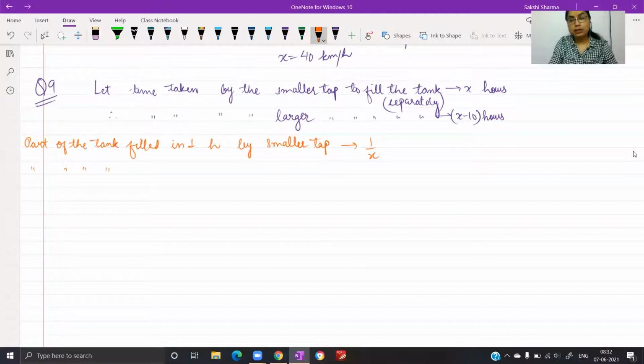You can write down part of the tank, or the volume of the tank which is filled in 1 hour. Individually, I'm calculating for the larger and the smaller tap. If it takes n hours, in 1 unit of time, it will be 1/n.